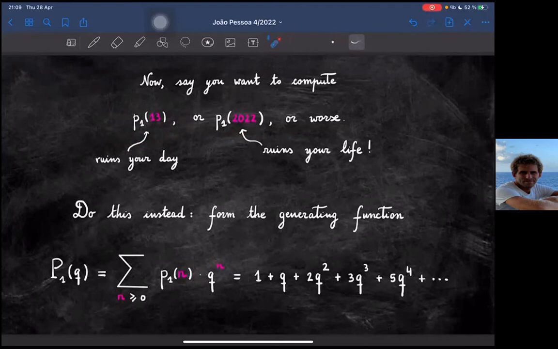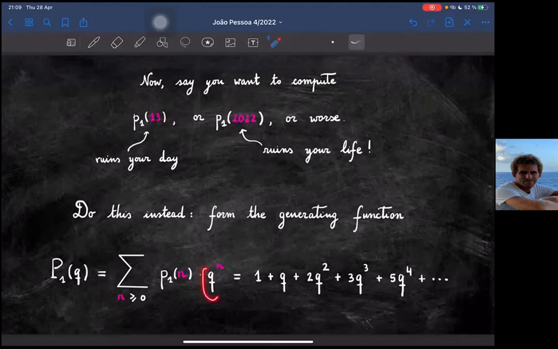So the solution is a bit paradoxical. The solution is to put all these uncomputable numbers together in a generating function.